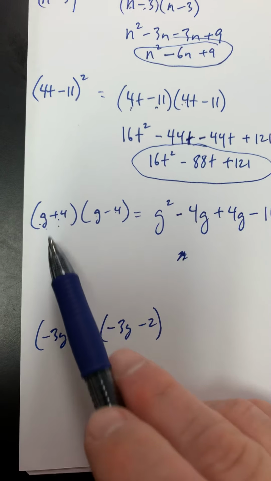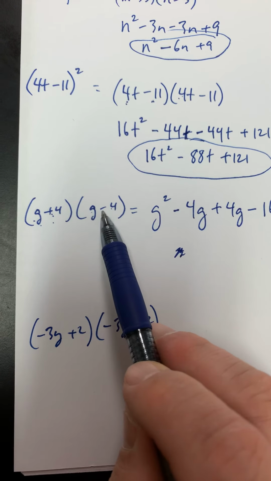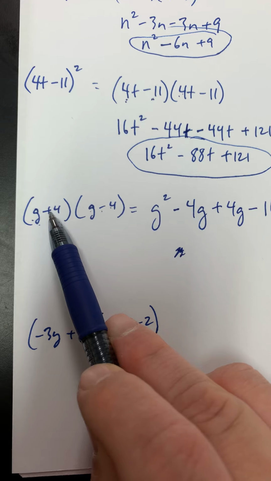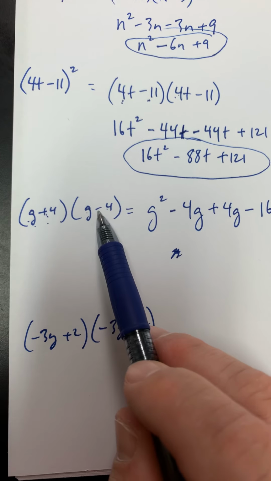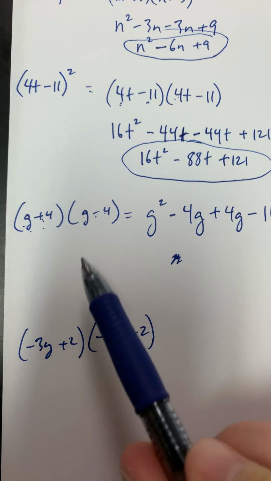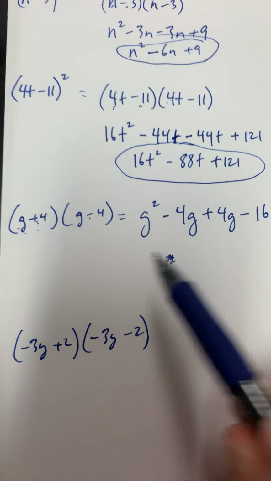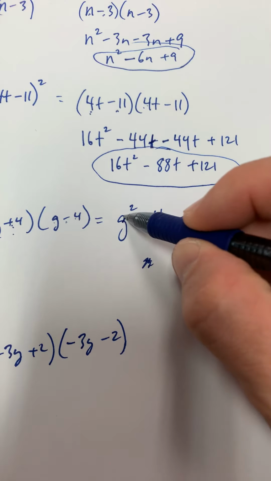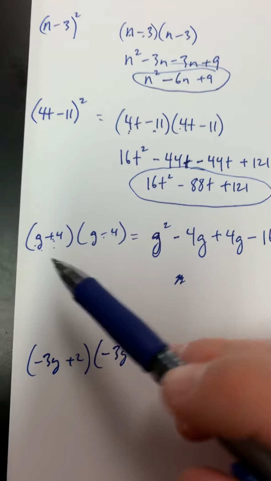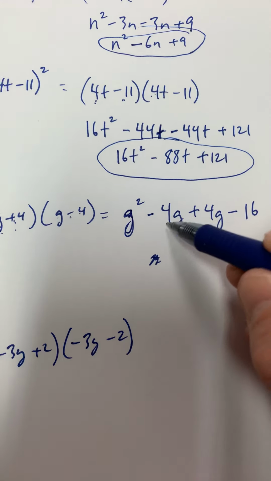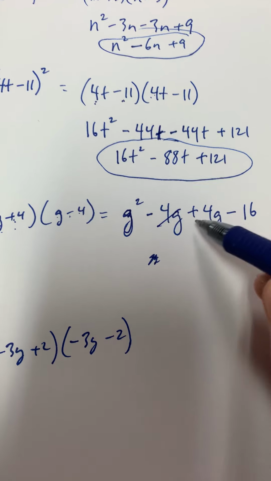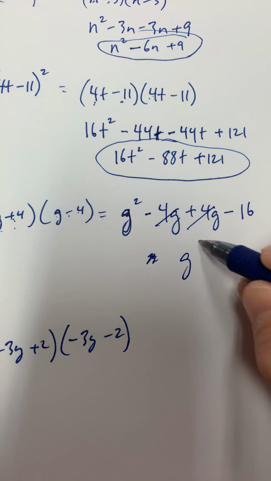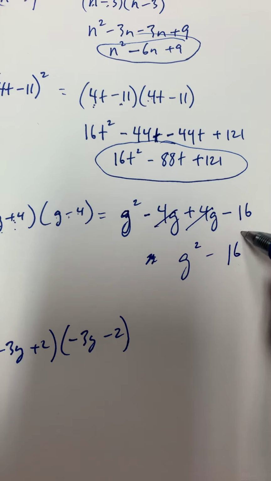When you have opposite signs, so this binomial has a positive, this one has a negative, look what ends up happening in a lot of cases, if not all, is that the middle term ends up canceling out. Negative 4g plus 4g cancels out, and you end up with g squared minus 16.